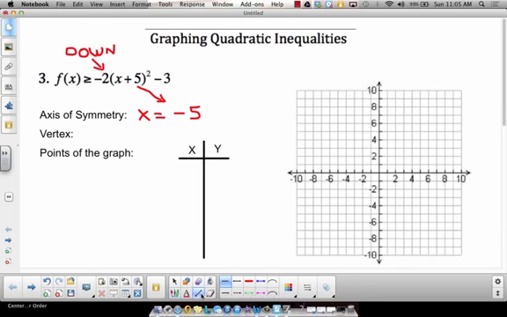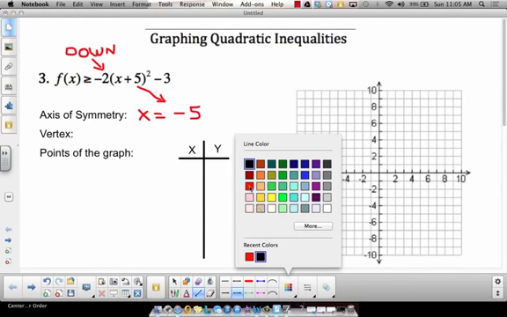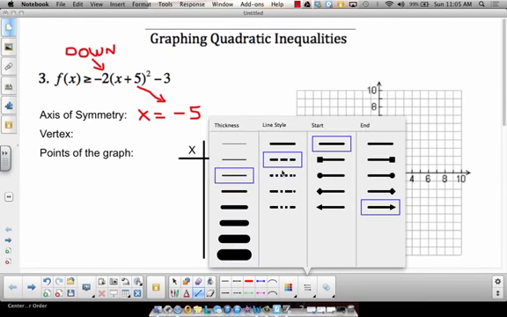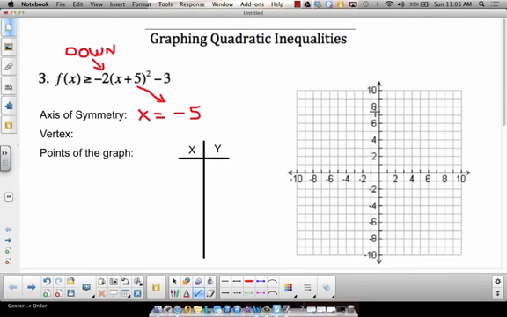For kicks, let's go ahead and we'll draw this on here right away. Let's see, I need a dashed line. We'll make it red and we'll make sure that it's dashed. And we want arrows on both sides. Okay, so now we go to -5, which is right here, and we're going to draw our line.